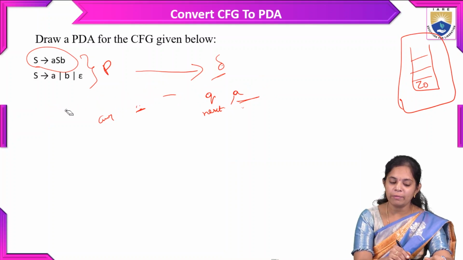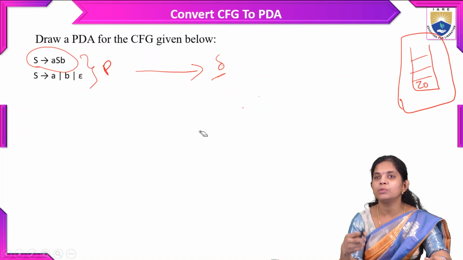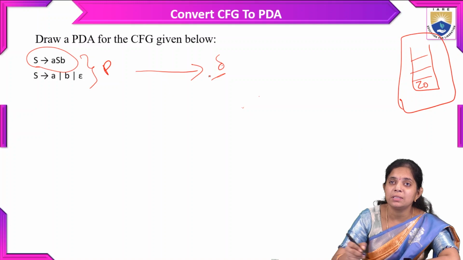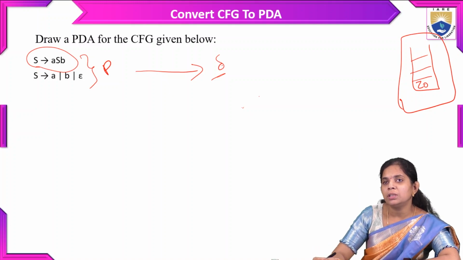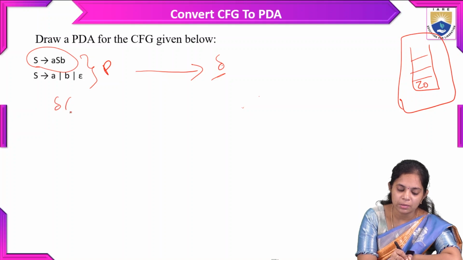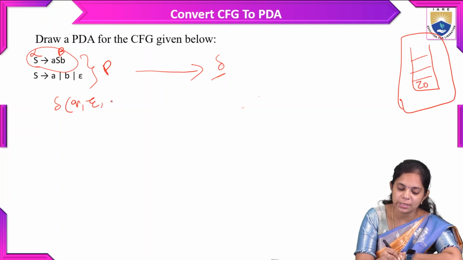If you have multiple IDs, we can write all the moves in the turnstile notation. So let me write this transition function. Here we have two conditions. So q comma epsilon, and if you say this is alpha, we can say that it is beta.